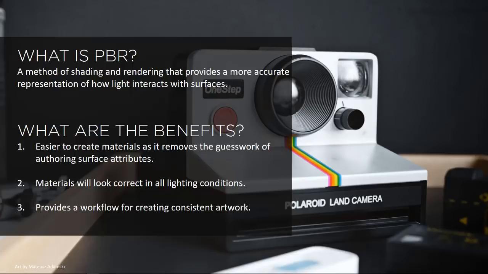That's kind of what I mean by the guesswork. We know that there are scientifically measured values that the shader is supplying for us, and then we are just feeding it our maps. And if the maps are authored correctly, then all the materials are going to look right, and we don't have to worry about a lot of things, which I find to be very refreshing.